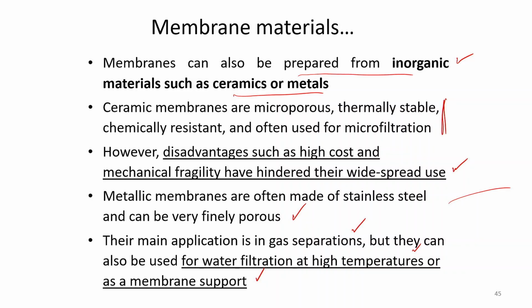So, for high temperature filtration, even liquid filtration, we have to use inorganic ceramic or metal. And for polymeric, organic membranes, as we have already discussed, we need some stable, porous support. For that, ceramic or metal membranes are also used to provide the support.